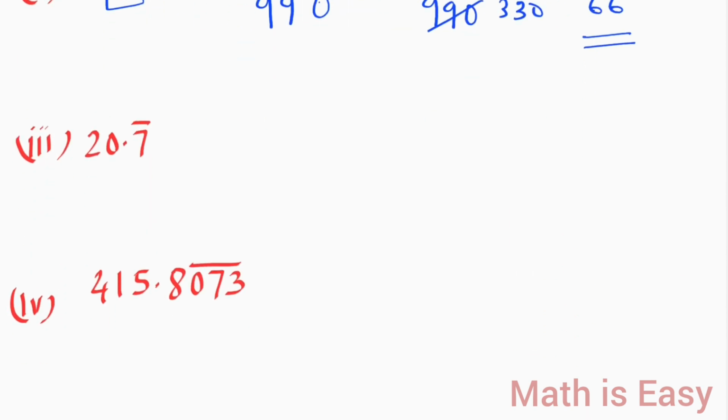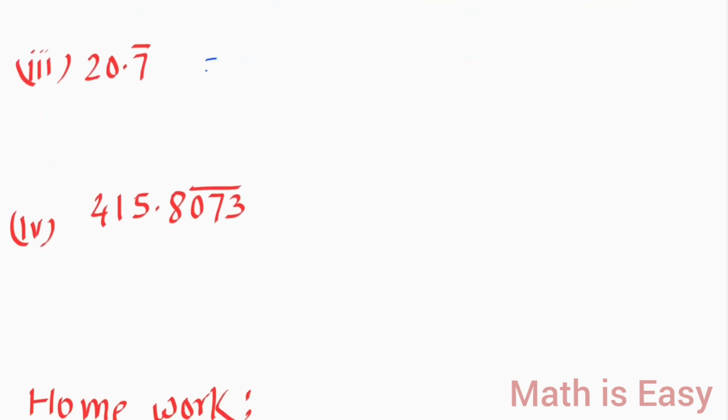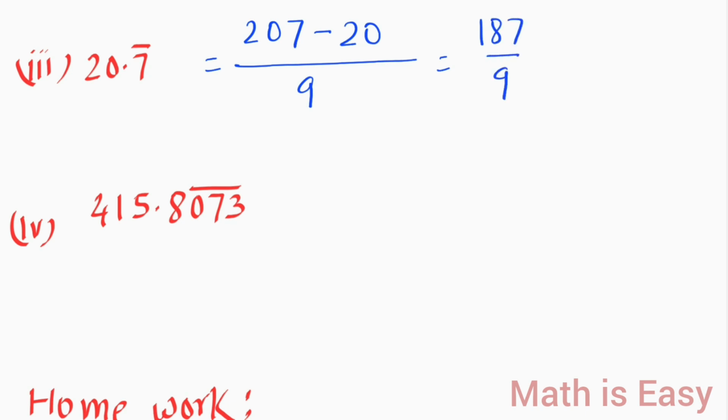Now we have this, 20.7. First write the whole number, minus the non-repeating part, that is 20, upon 9, because only one digit is repeating, and since there is no number between the repeating digit and the decimal point, no 0 will come here, and this is 187 upon 9, okay.